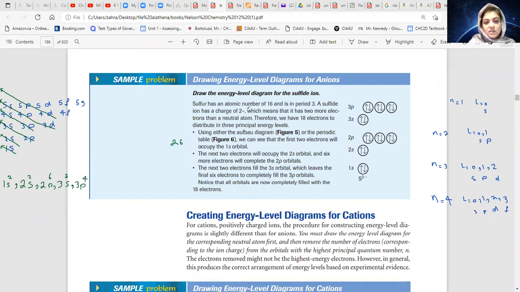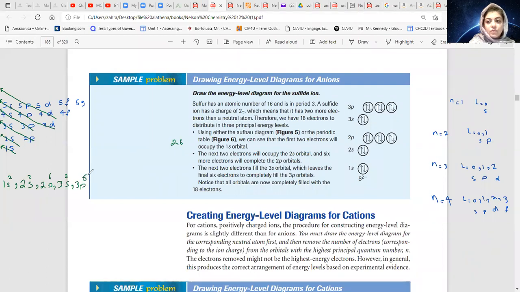It was 16, but it said 2 negative. Okay, when it says 2 negative, it means you need to fill that, right? You need to give 2 electrons into this. That's why I'm just going to erase that. And I put 6 here.